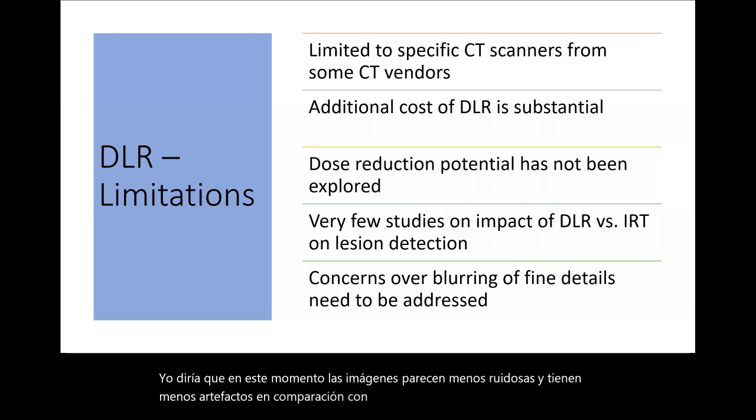Therefore, one should not aim for dose reduction, but we should aim for better quality of the images for the same radiation. But it's quite possible in future that there's also potential for dose reduction for CT images.